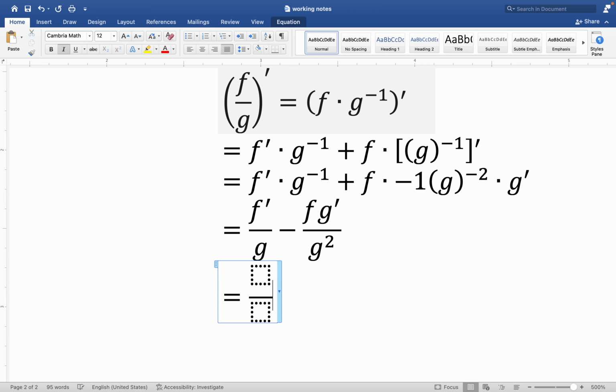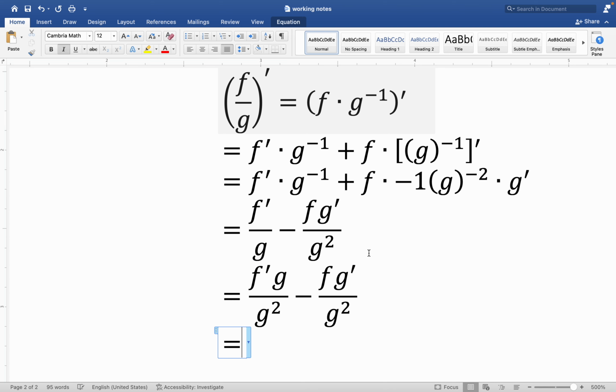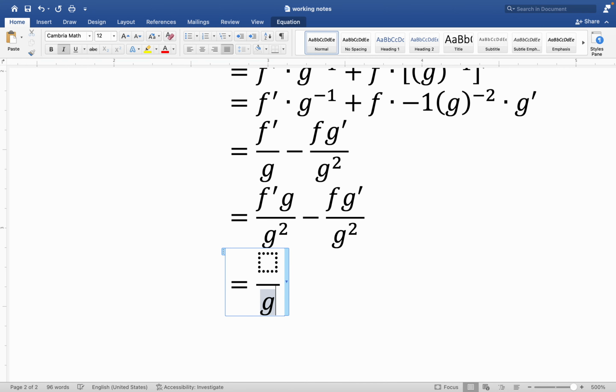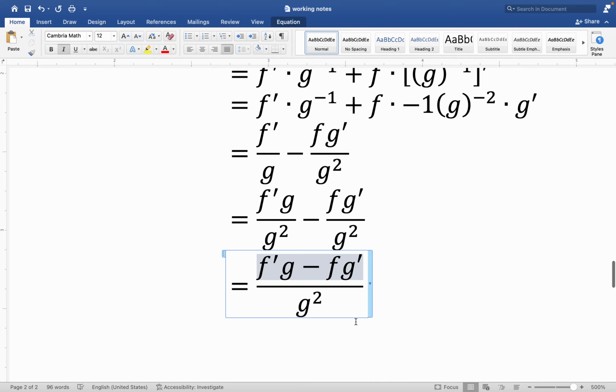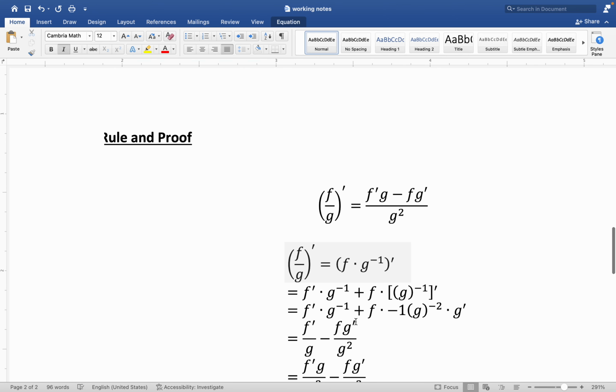So multiply top and bottom of this guy by g, I get f prime g over g squared minus, and then I'm not changing the second fraction at all, fg prime over g squared. And then if I combine the two fractions, everything's over g squared: f prime g minus fg prime. Okay, yeah, so that's the formula, right? So that's the proof. That's where it comes from.